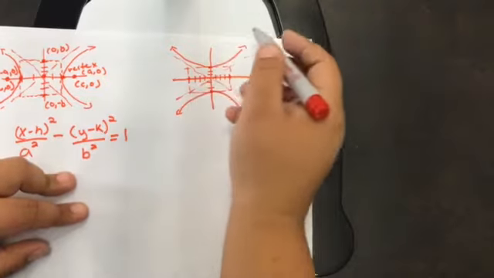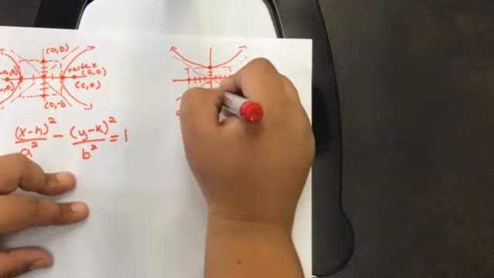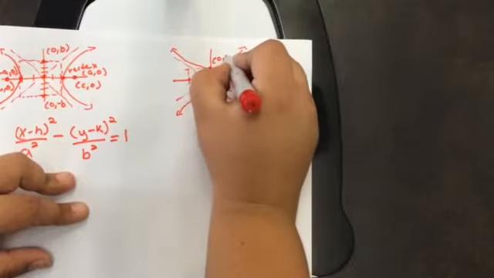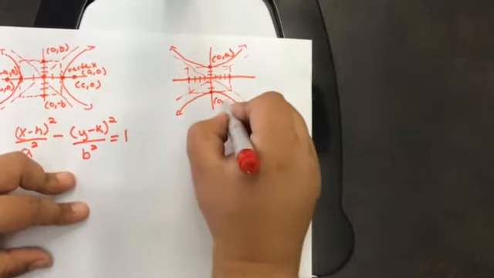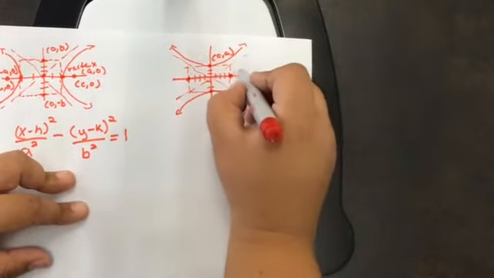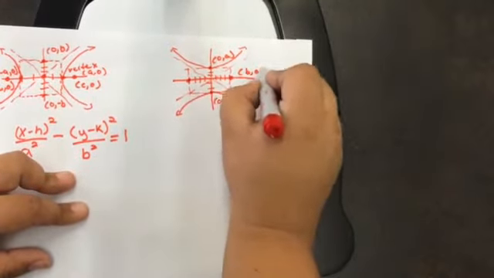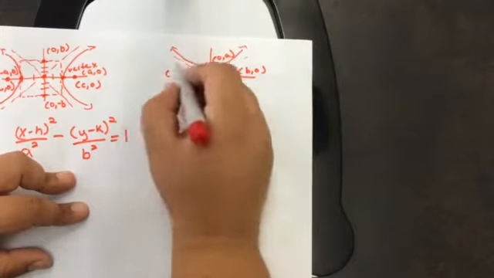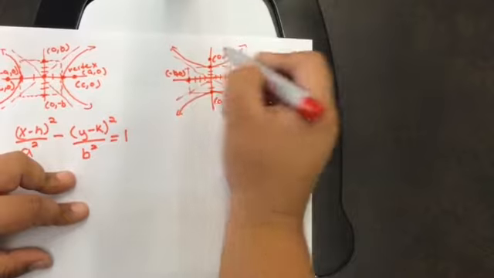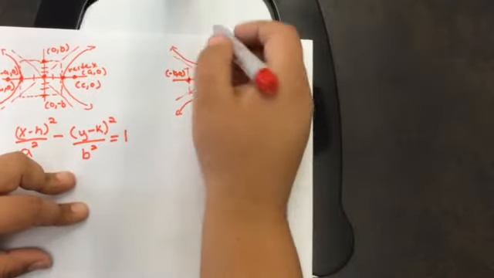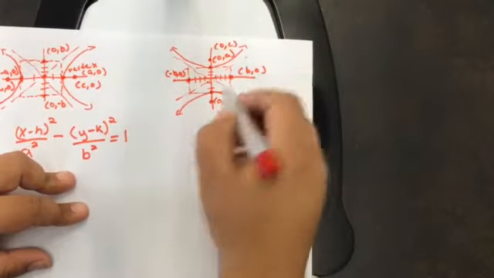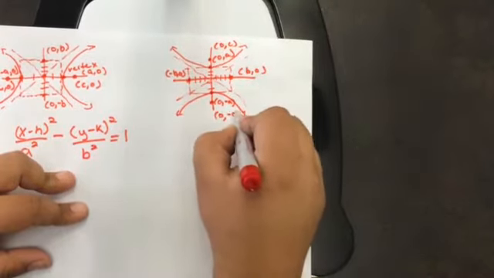For the one that opens vertically, these are your vertices at 0 and a and 0 and -a. Your co-vertices are at b and 0 and -b and 0. Your foci are at 0 and c and 0 and -c.